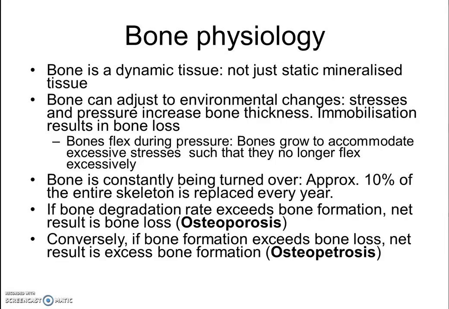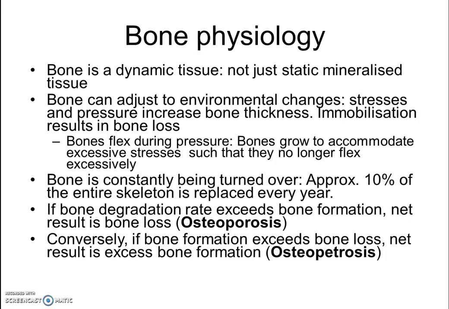So this accounts for the 10% of turnover, and if you do not do any bone flexing, the net result is bone loss, because the way bones remodel is that where stronger bone is needed, where they're flexing more, then they're built up to strengthen them to reduce excessive bone flexing just from normal day-to-day activities. So immobility, being paralysed, being weightless and so on will result in a reduction in bone mass because there's no signals telling the bone to be built up and strengthened where required.